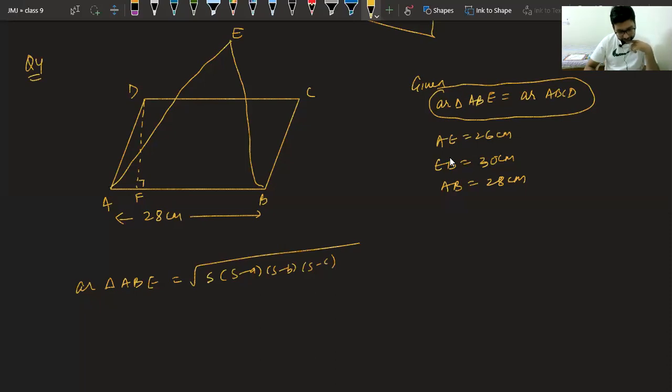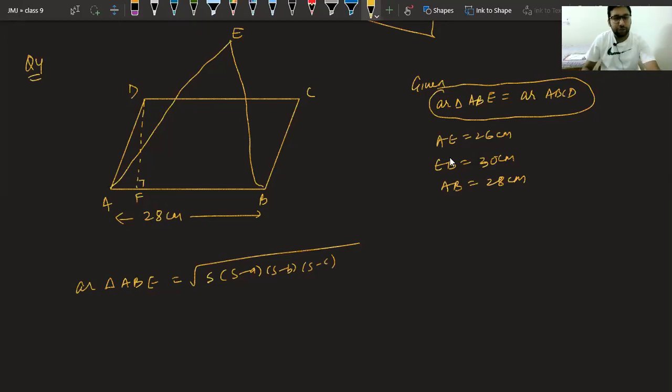But Ananya, area of triangle upon base gives you the height of the triangle, not of the parallelogram. If you observe, area of triangle upon base will give you the height of that triangle. So you have to take the area of the parallelogram in that case. Although they have the same value, you still have to write area of parallelogram upon base equal to height. Okay, Ananya?